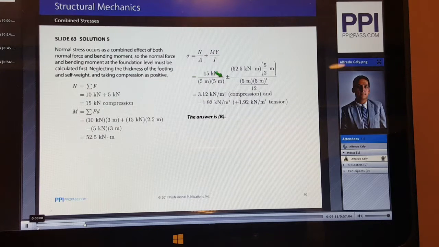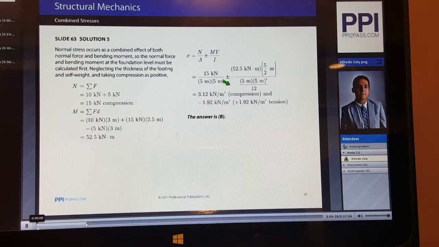So that will give us our normal stress acting on the footing. Now for moment stress, it's going to be plus or minus, whether we are in compression or in tension. So we have 52.5 kilonewton-meters.